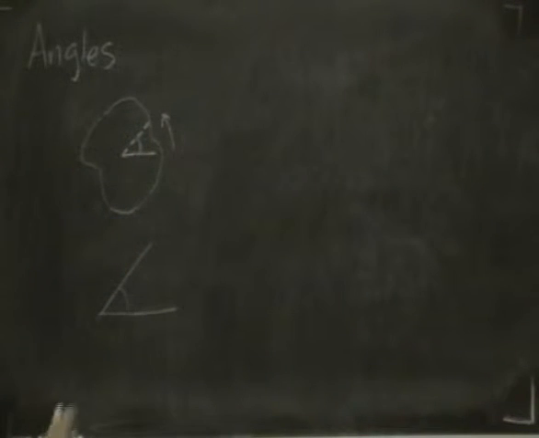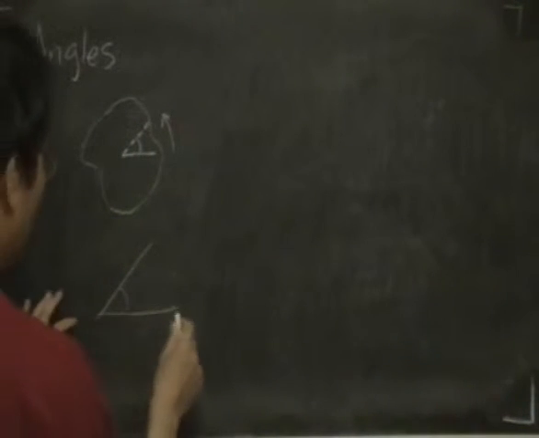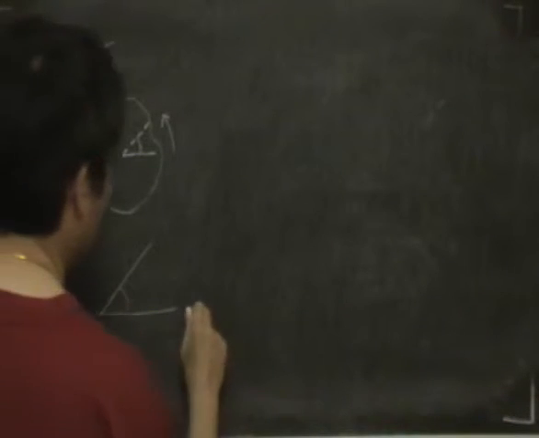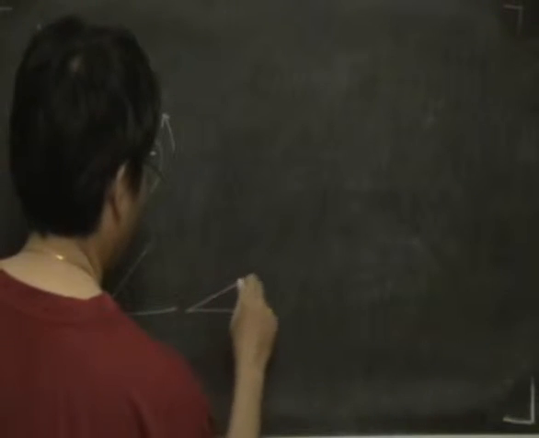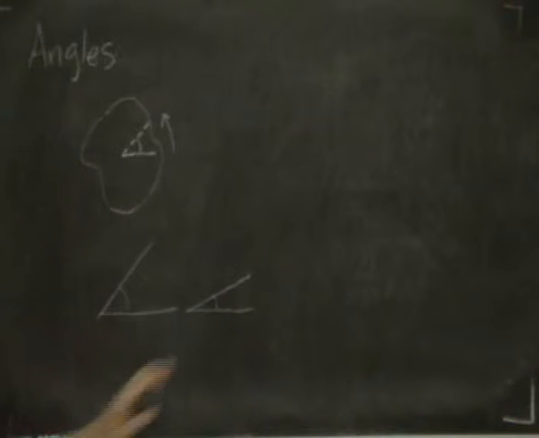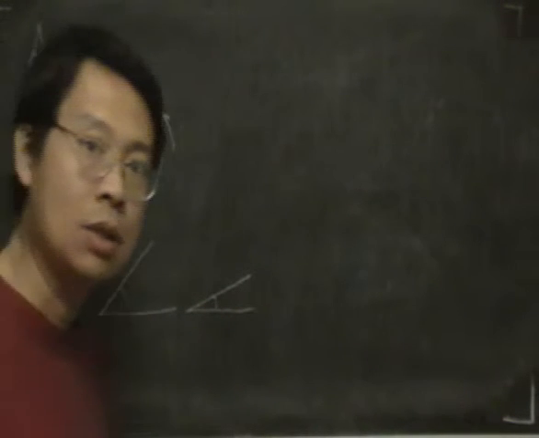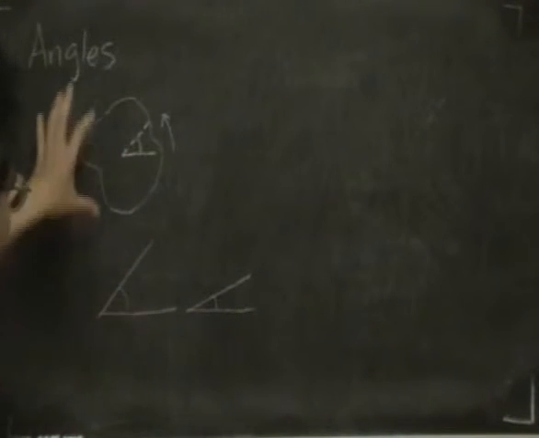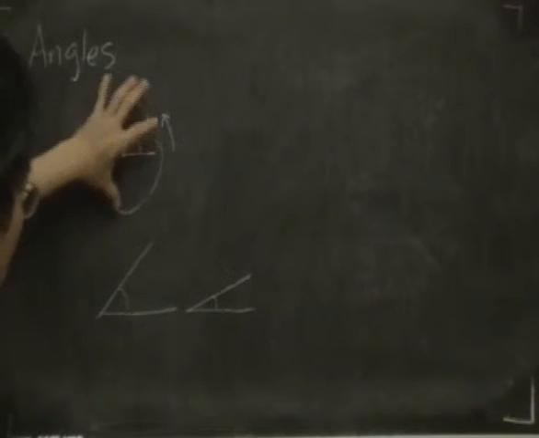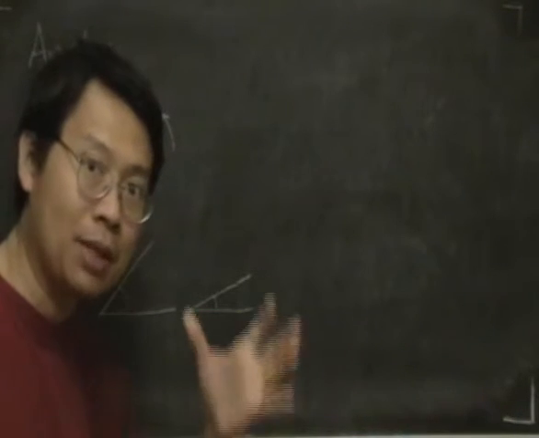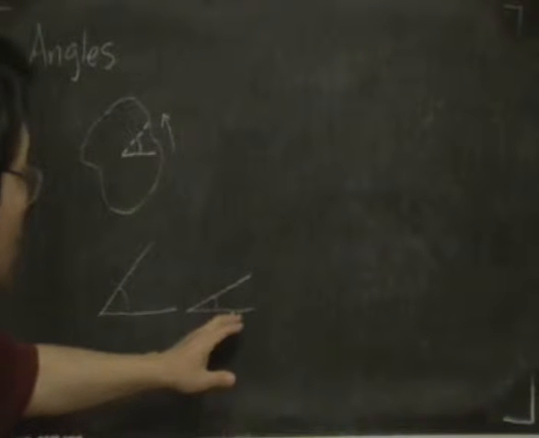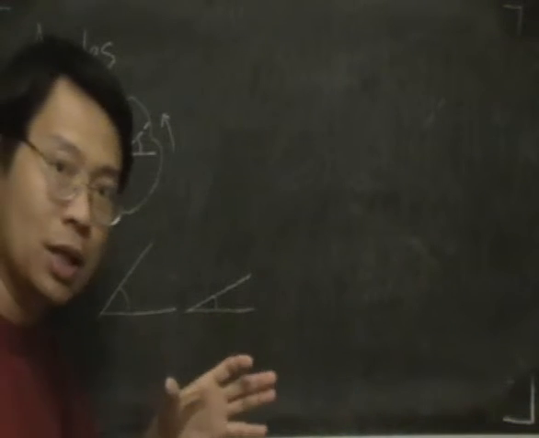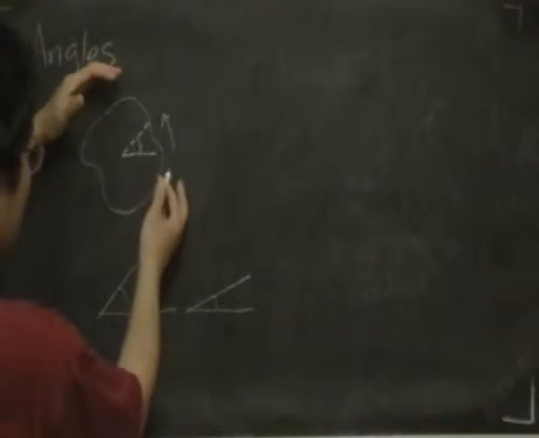Well, if I have another angle like that, that would be a smaller angle than this. Okay? In terms of rotating an object by a certain angle, this just means that I rotate less.